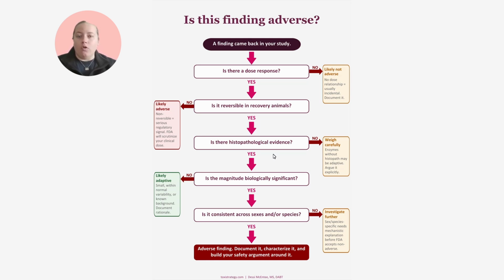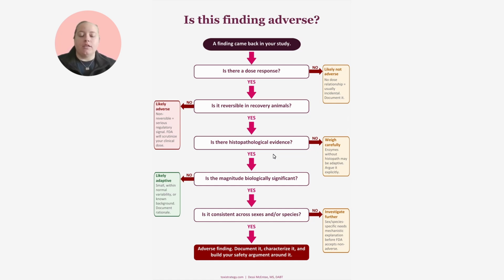There are a lot of species specific findings that are adverse that don't relate to humans. They're irrelevant to humans. Understanding that justification is critical. And so an adverse finding, yes, it drives your NOAEL, it drives your animal exposures and your exposure margin, and it drives your human starting dose, and the implications within the clinic in terms of clinical monitoring and your clinical protocol. But it's not the end-all be-all of your program not being able to move forward.